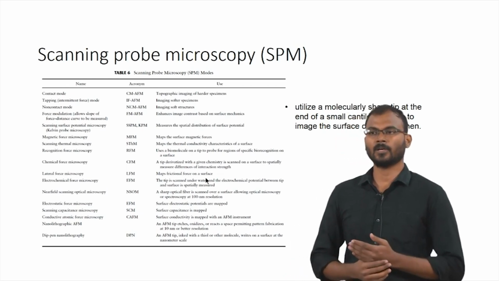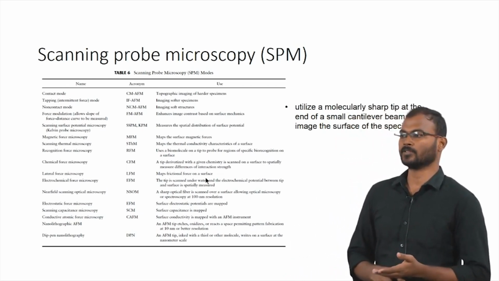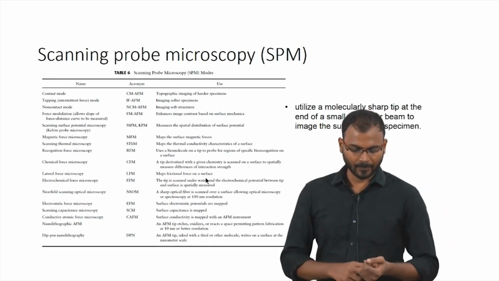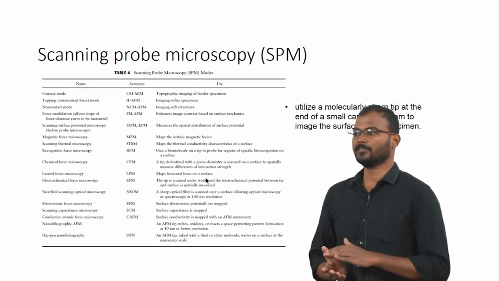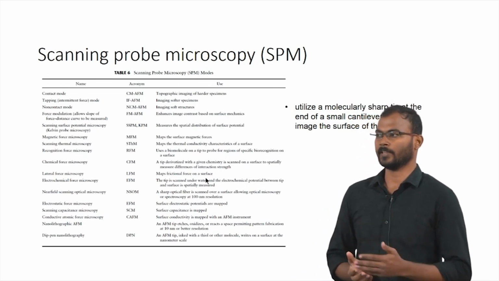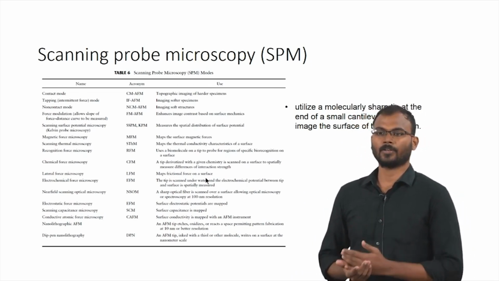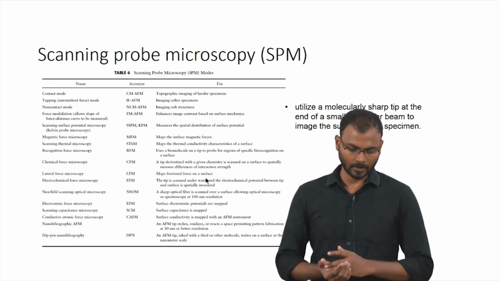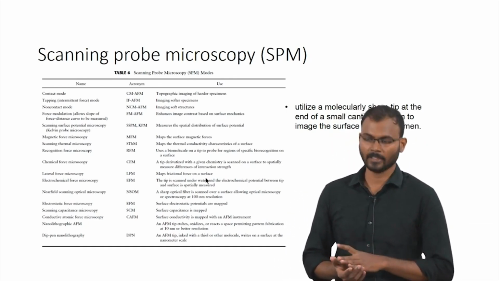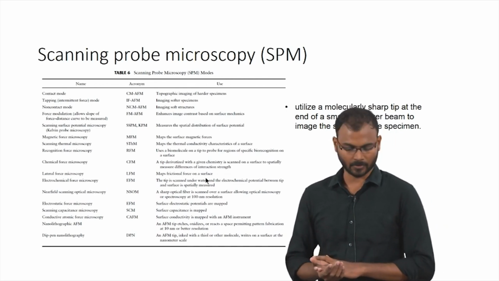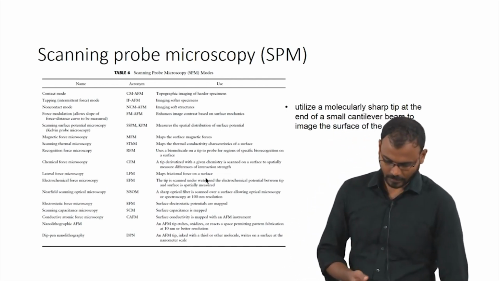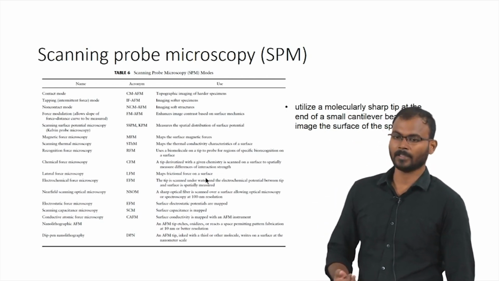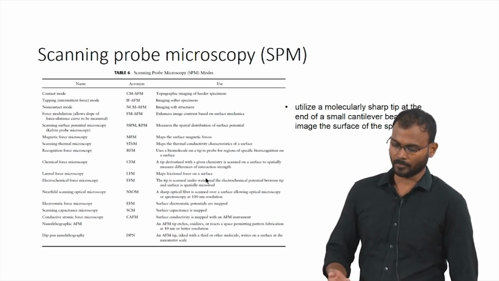One of the most widely used is AFM, atomic force microscopy. AFM itself has different types: non-contact, contact, and tapping methods. Those three techniques are available, and they are used based on what you want to observe.